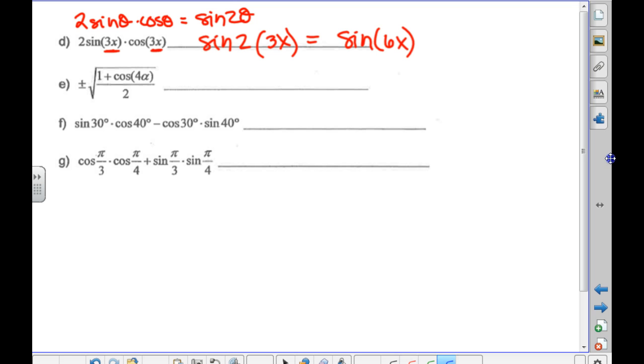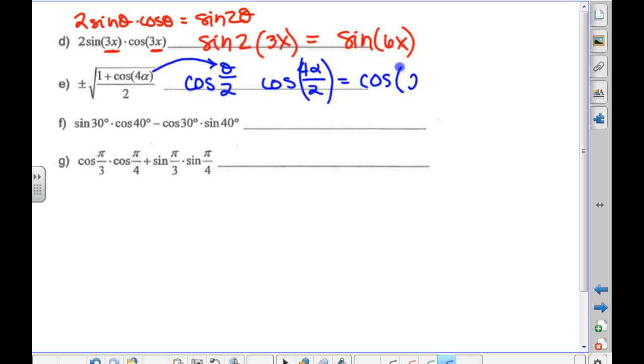So try the next one on your own quick. Find that one and trade your theta for a 4 alpha. Anybody get cosine of 2 alpha after you divided it out or not?